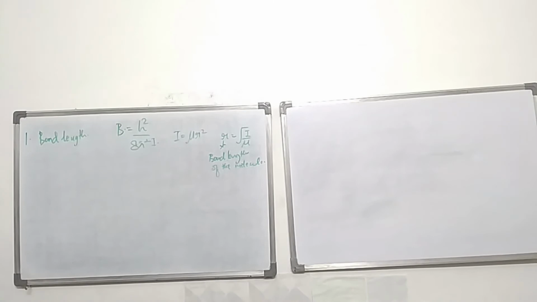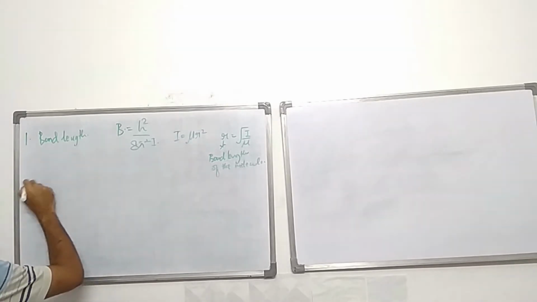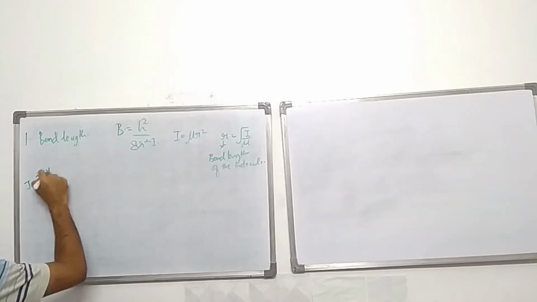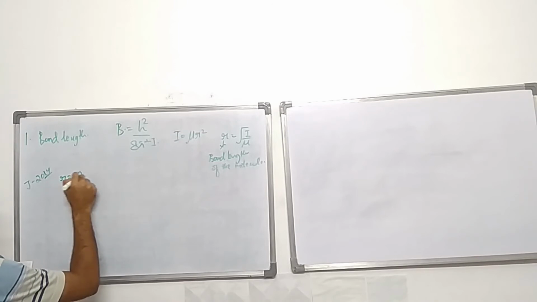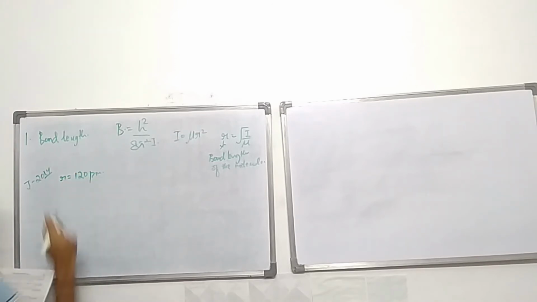And if I'm not wrong, there should be one question for this formula. The question is from June 2014, and it states, the CO bond length is 120 picometer. So R is given as 120 picometer.